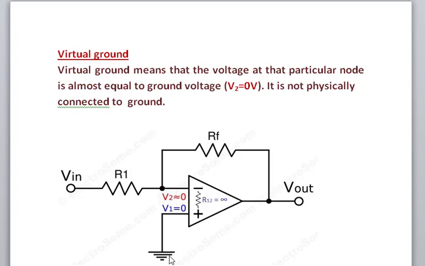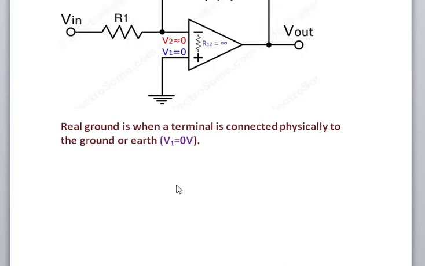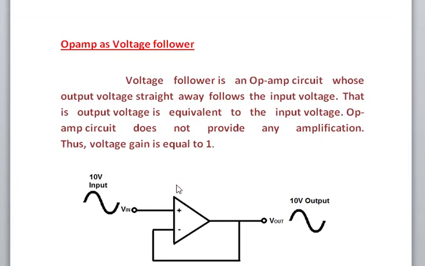The other is known as real ground. The virtual ground is available in operational amplifier circuits. The real ground is when the terminal is connected physically to the ground or earth, so it is equal to 0 volts. Virtual ground is also taken as 0 volts.